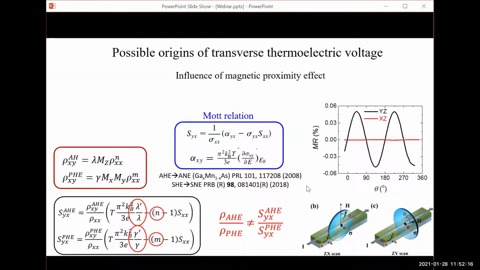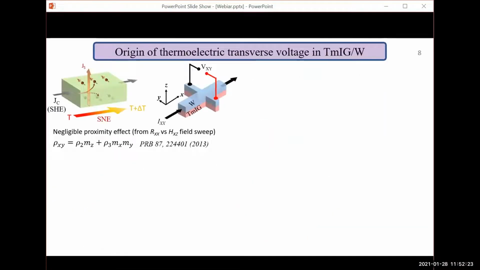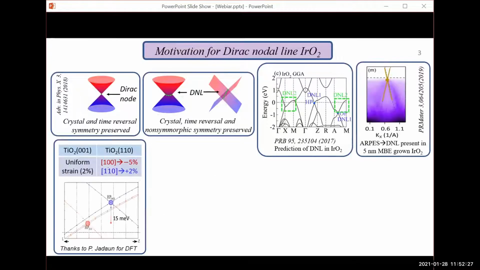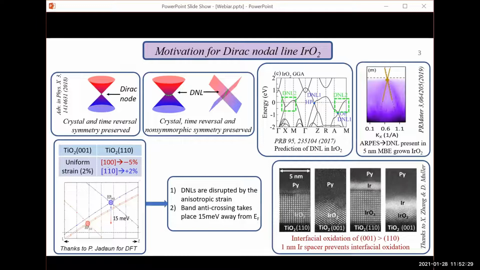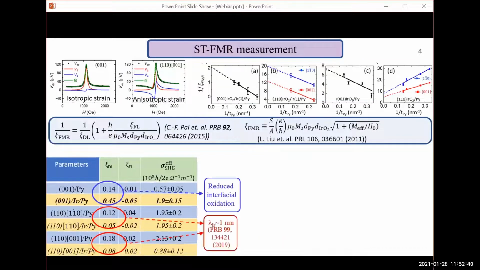So I was just curious about the first part of your talk about iridium oxide. If you go back to the data, where you were showing that you expect the Dirac line node on the 001 and not the other one, but I thought you have similar spin Hall conductivity data. It seems like you get similar spin Hall conductivity for both your 001 and 11 oriented.